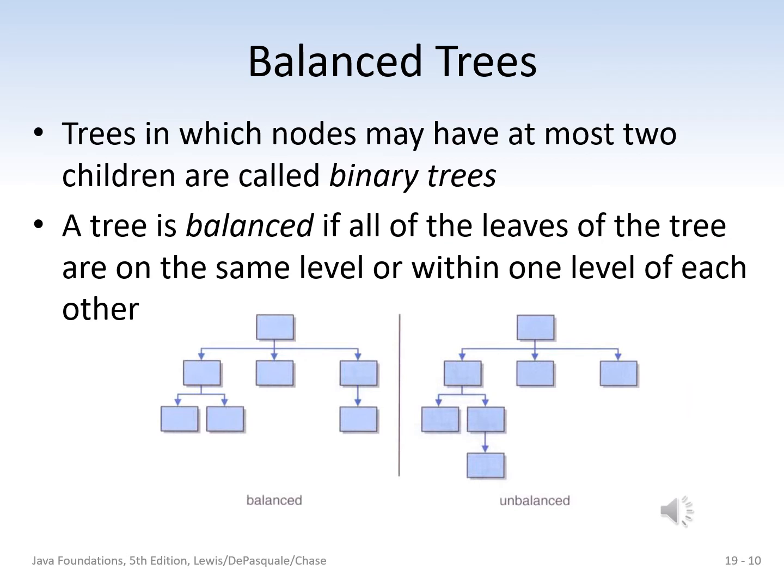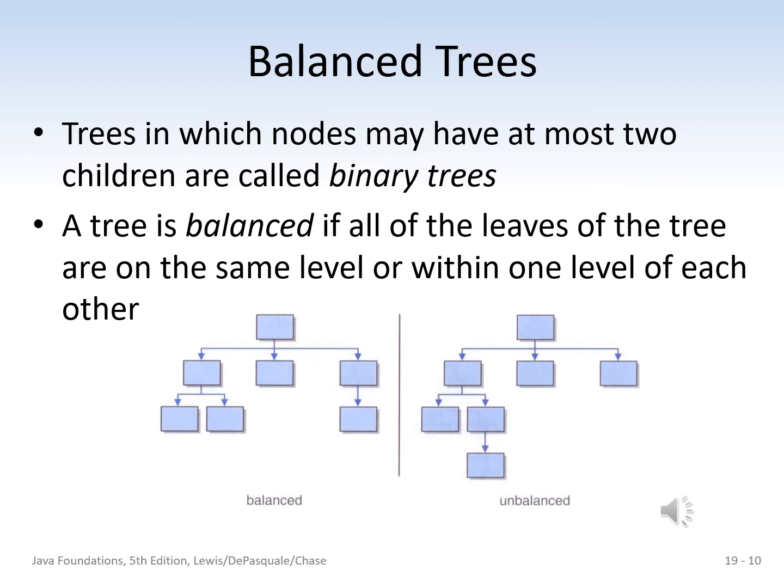Next up, let's discuss balanced trees. Binary trees are trees in which nodes will not have more than 2 children. And a tree is balanced if all of the leaves of the tree are on the same level or within 1 level of each other.